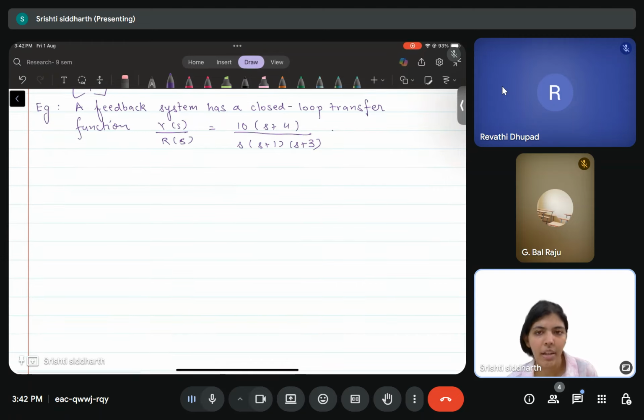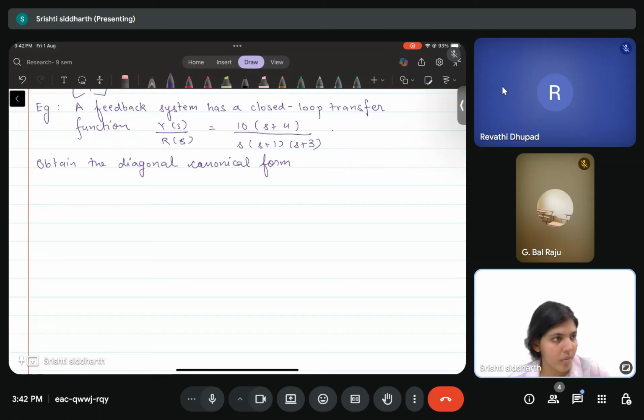Obtain the diagonal canonical form for the above system.